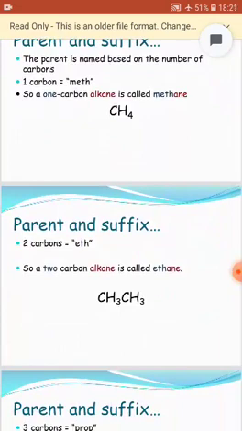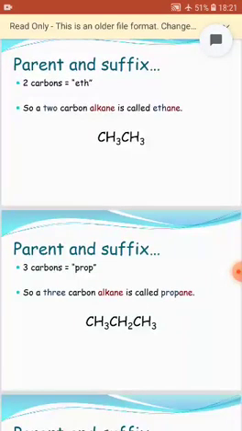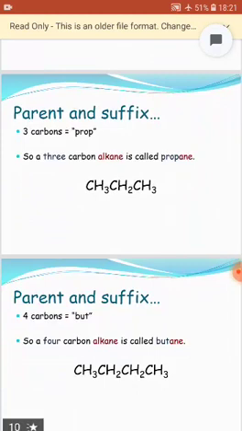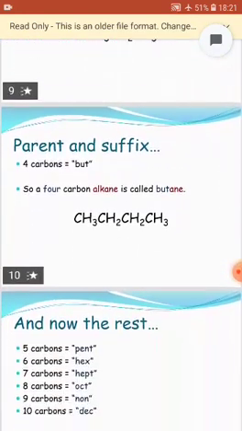So a two carbon alkane is called ethane. Parent and suffix: three carbon is equal to prop. So a three carbon alkane is called propane. Parent and suffix: four carbon is equal to but. So a four carbon alkane is called butane.